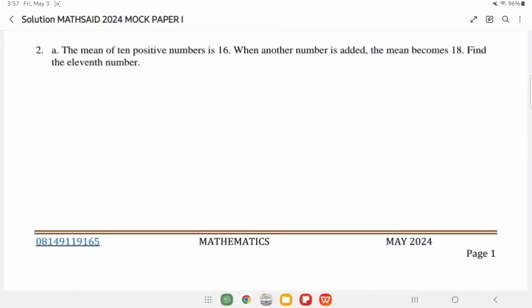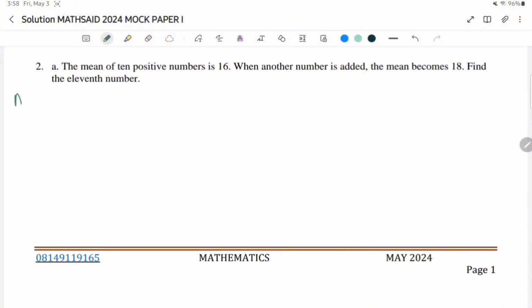In this question, we are told the mean of 10 positive numbers is 16. When another number is added, the mean becomes 18. Find the 11th number. So we know that mean is equal to the sum of values divided by the number of values.